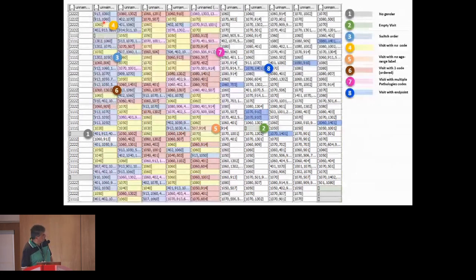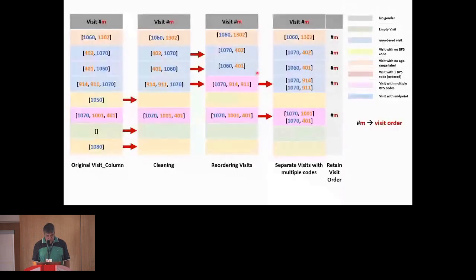Then visits with one code, like number 6, and visits with multiple codes, like number 7, which we need to split out. And number 8, visits with an endpoint, which is what we are looking for. So we looked at the data and tried to figure out what is going on. All of this we are supposed to deal with and take care of.